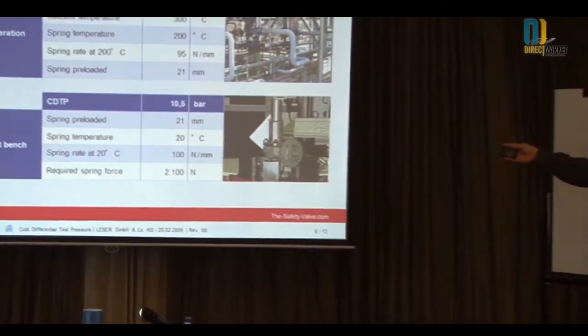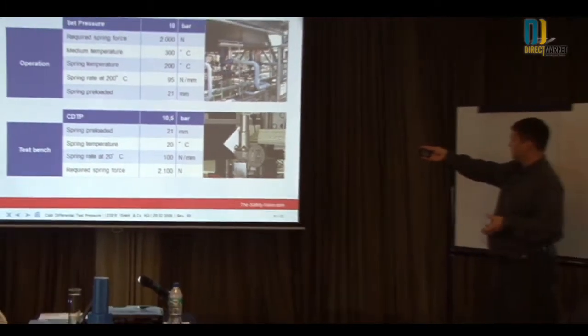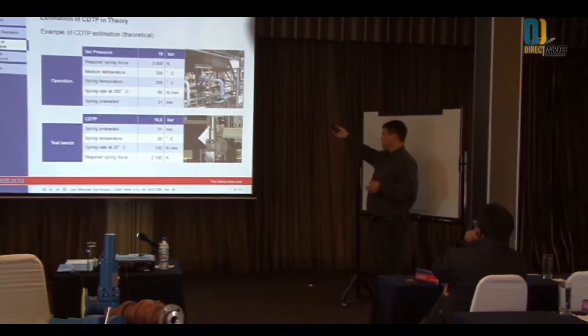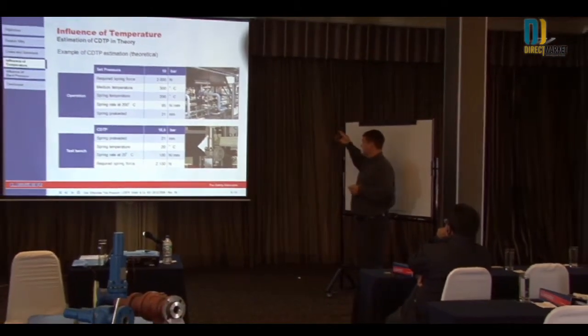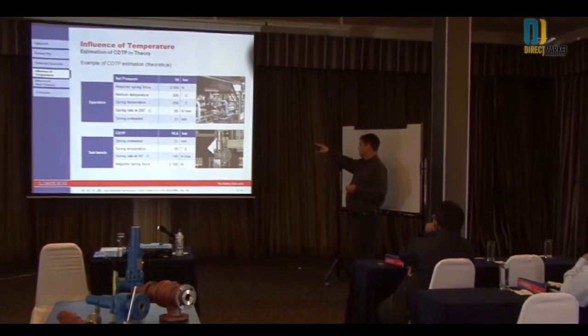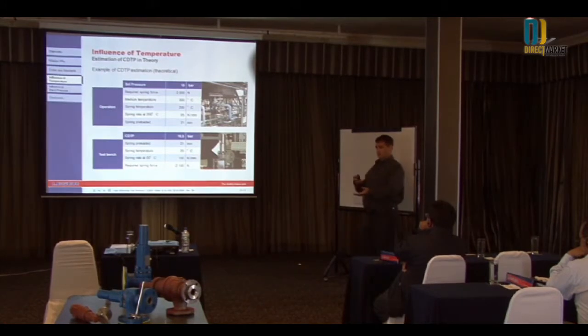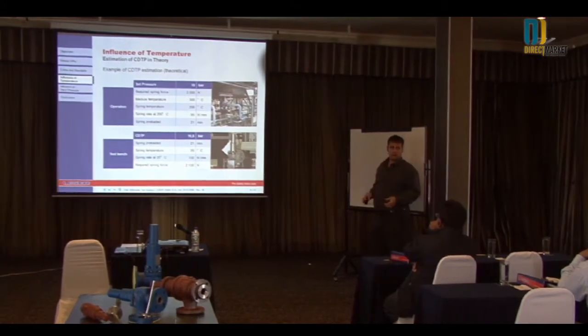And here down at the bottom, the CDTP says that if you want it to open up at 10 bar and the temperature in the plant or the temperature of the springs is going to be 200 degrees, then you need to set the valve actually at 10.5 bar to compensate for the spring compression loss.